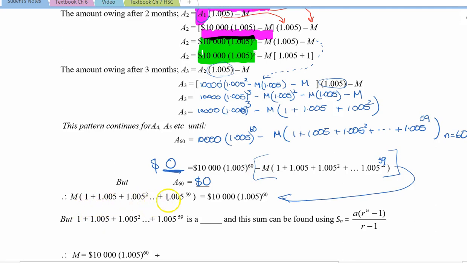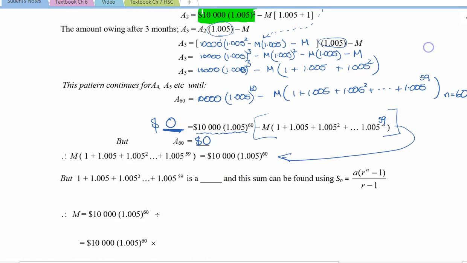And it's equal to our 10,000, 1.005 to the 60. This term stays. We're now just going about solving the equation. We've got a single expression for this sum. It is a GP, and its sum can be found using this formula.